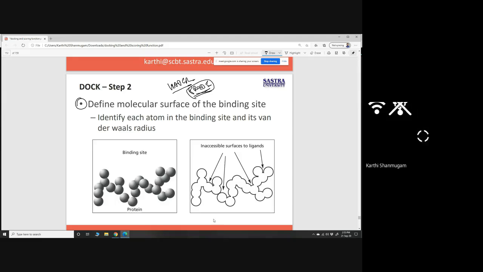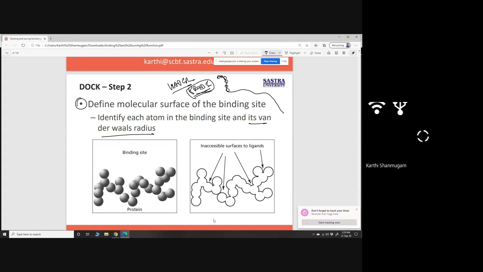So what we have to do is identify each atom in the binding site. For example, if this is the binding site of the protein molecule, we have to identify each atom present in the binding site, and we have to represent those atoms by their van der Waals radius.